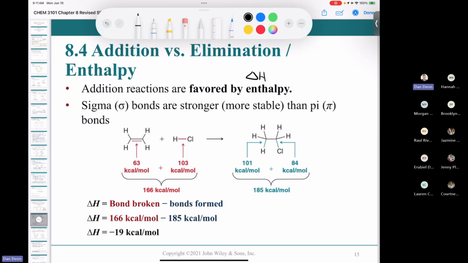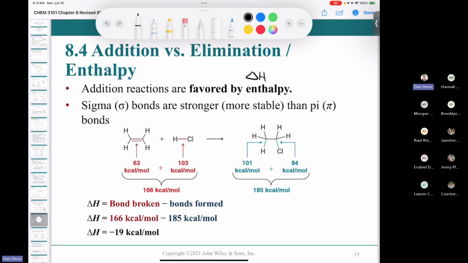If you think about what is happening in an addition reaction, you're breaking a pi bond, and you're breaking one sigma bond, yes, that's true, but you're forming two sigma bonds. Sigma bonds are stronger than pi bonds. So overall, energy is released because we're forming more, stronger bonds than we're breaking.